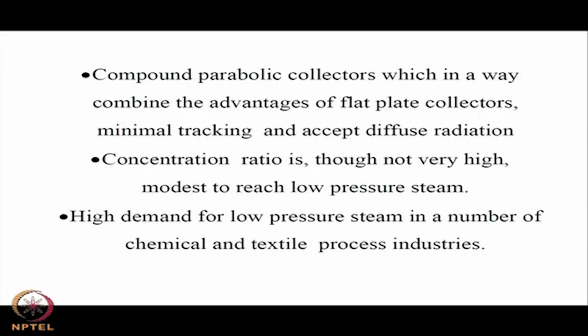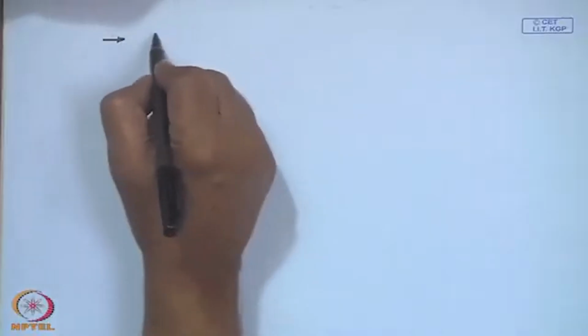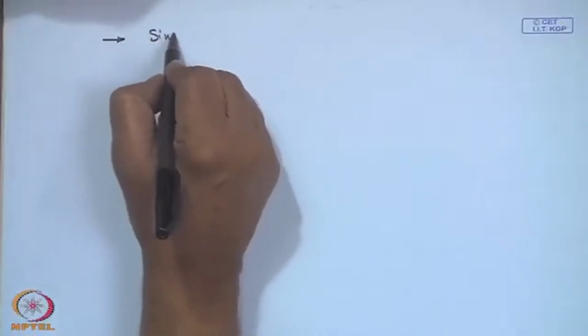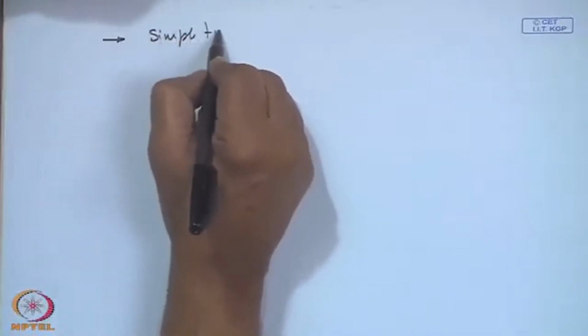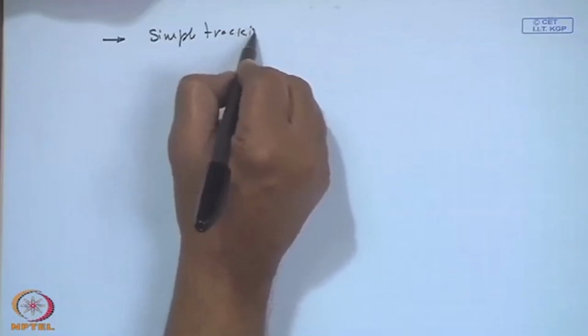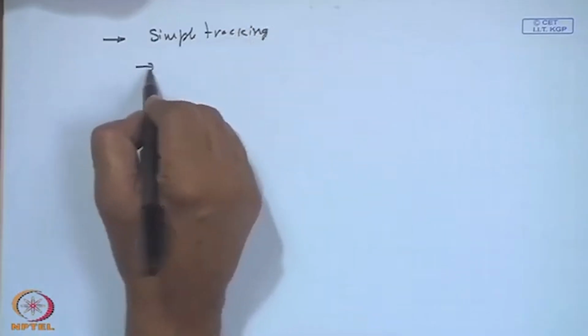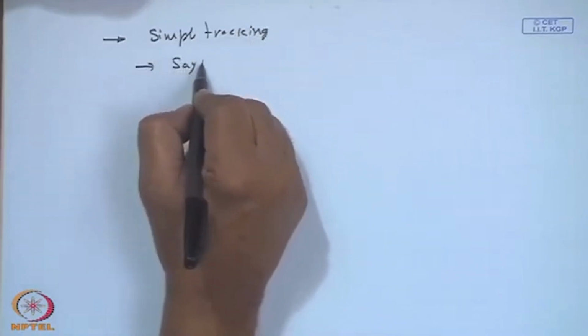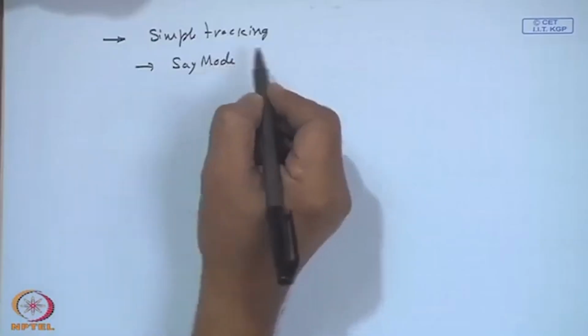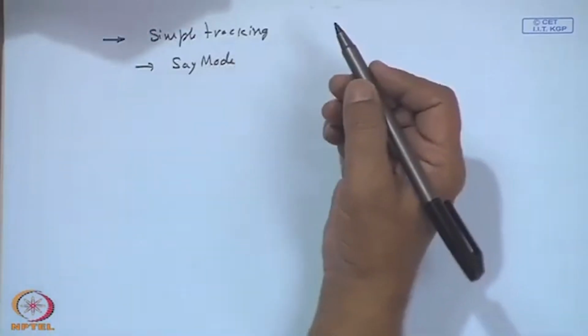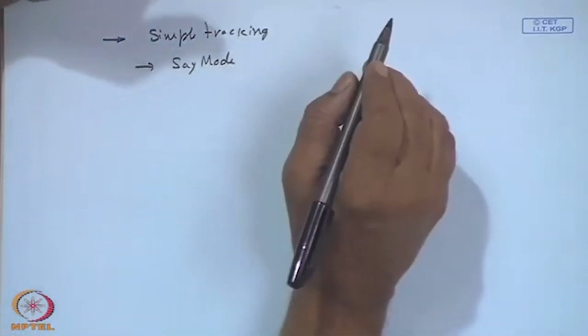Now, this has advantages: simple tracking, say mode 1, what we have considered as east west horizontal axis with one single daily adjustment.